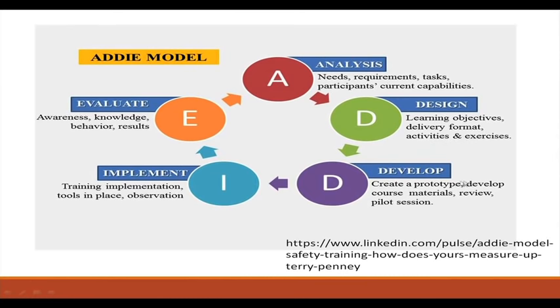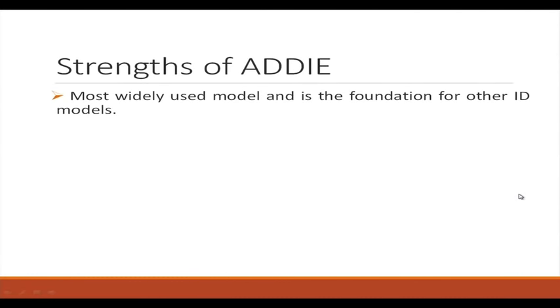The next D is develop: create a prototype, develop course materials, review pilot session. Then I is implement: training implementation takes place, observation. And E is evaluate: awareness, knowledge, behavior, results. This is the ADDIE model.